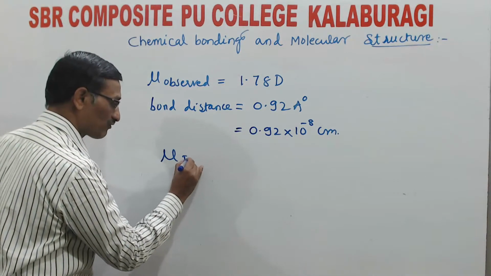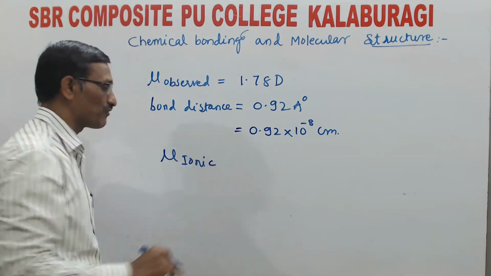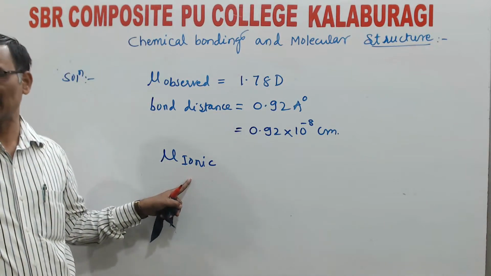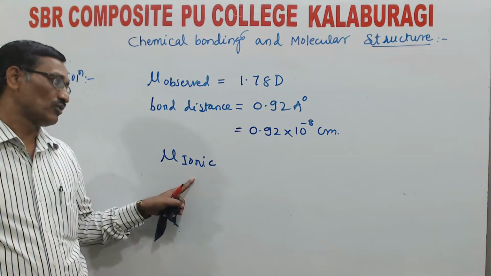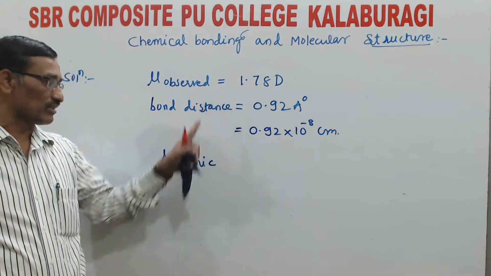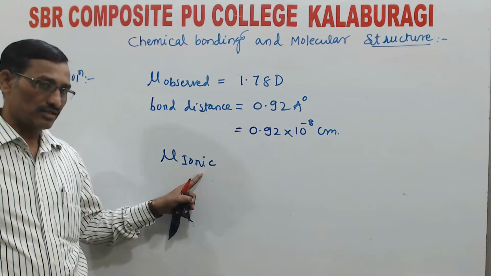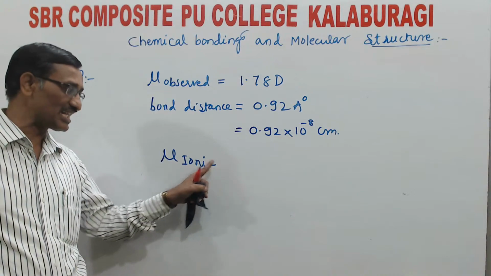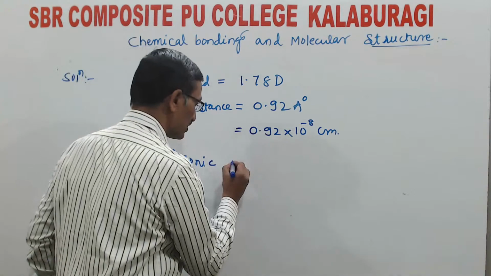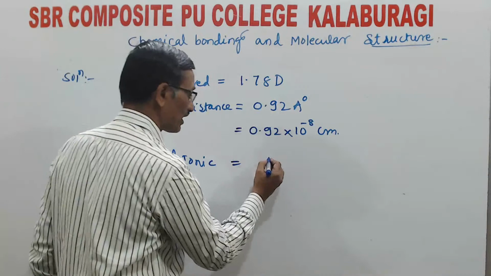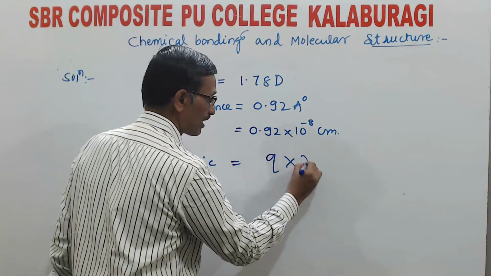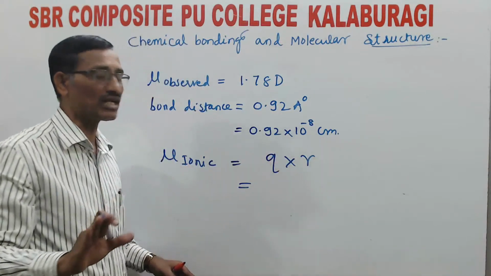Now coming to the formula. What do we have to calculate first? The dipole moment for 100% ionic character. The observed dipole moment is given. So the ionic dipole moment for 100% ionic character is equal to Q into R. Sometimes the Q value will not be given; it is understood.